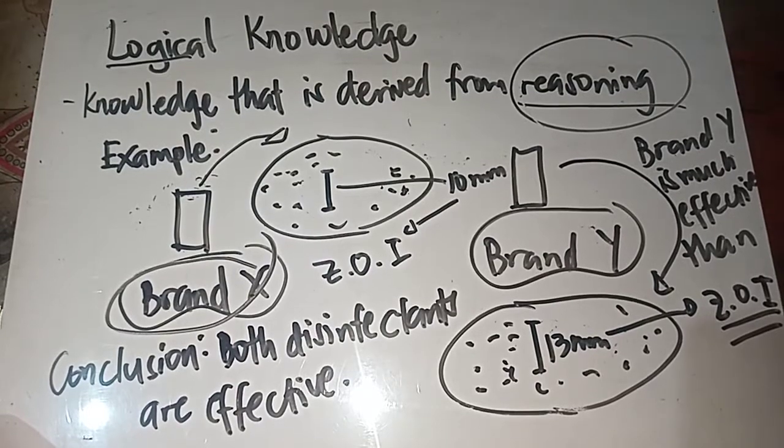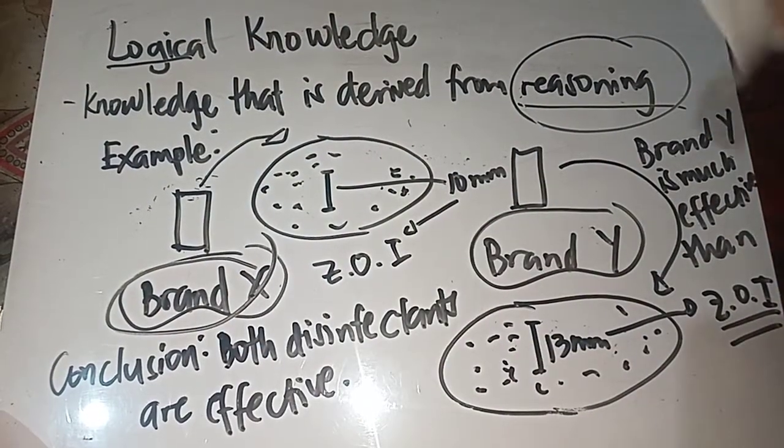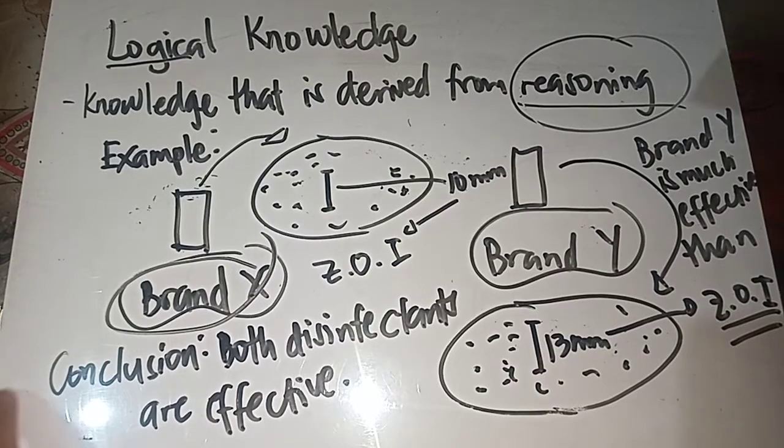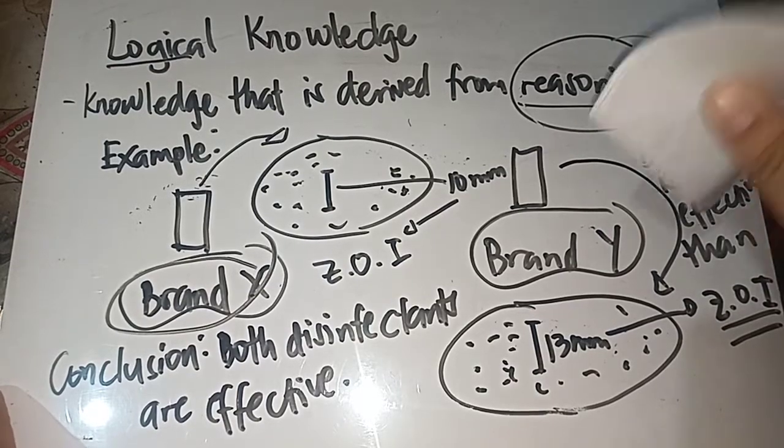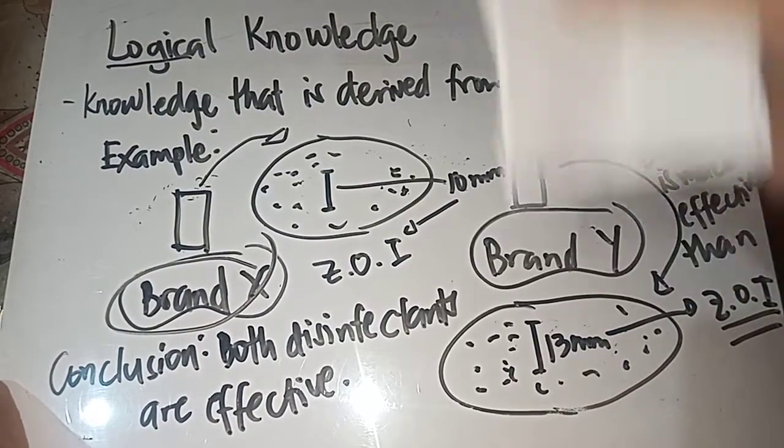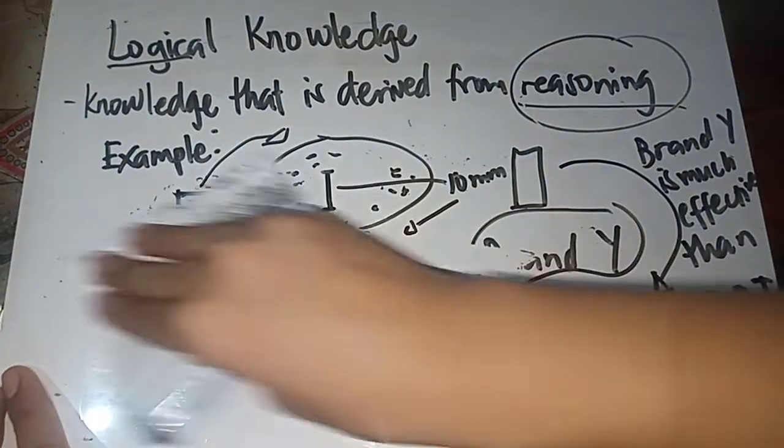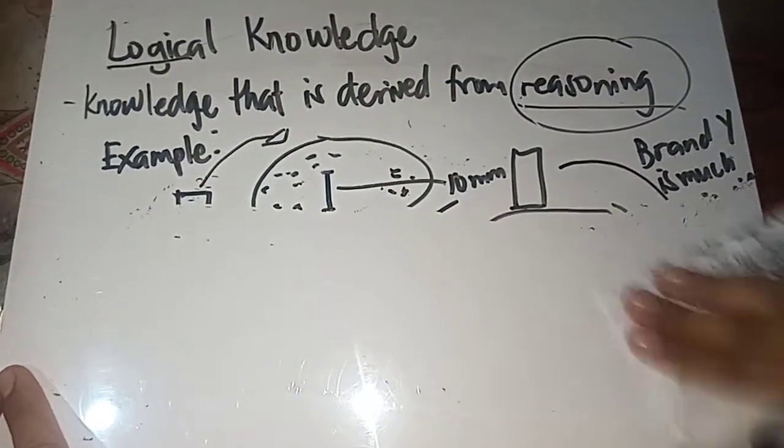Now, how do we arrive with that conclusion? Okay, how do we say that that was the conclusion? It is simply because of logical knowledge. Now, what is the reason that we have that conclusion? Okay, so let's try to discuss it once more.